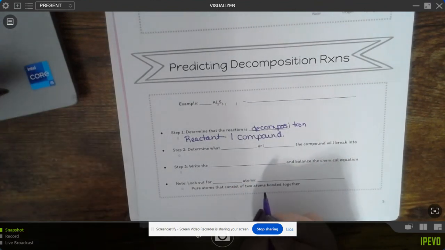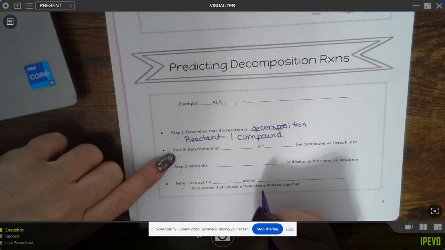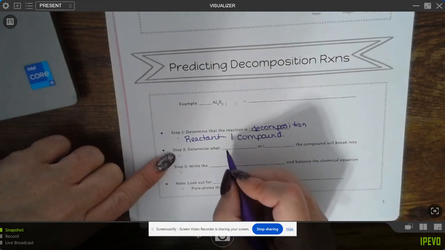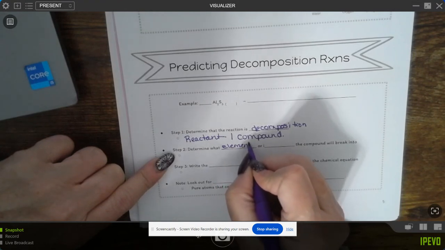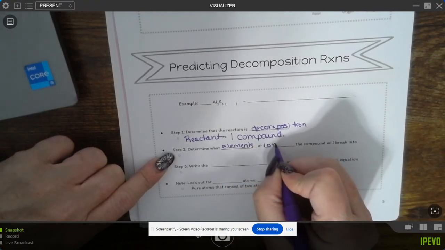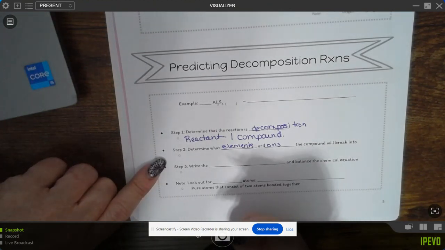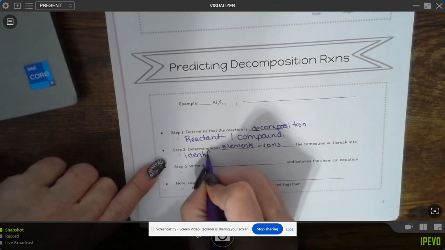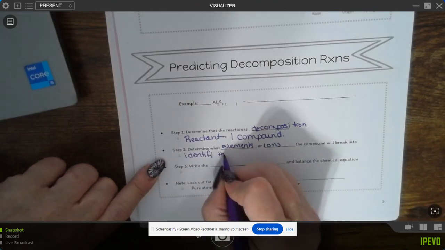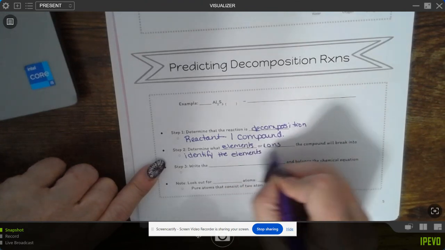Once we see something as just one compound, we should think in our head, oh yeah, that's a decomposition reaction. Step 2 is determine what elements or ions the compound will break into. For us, it's going to be elements. We are going to identify the elements that make up the compound.